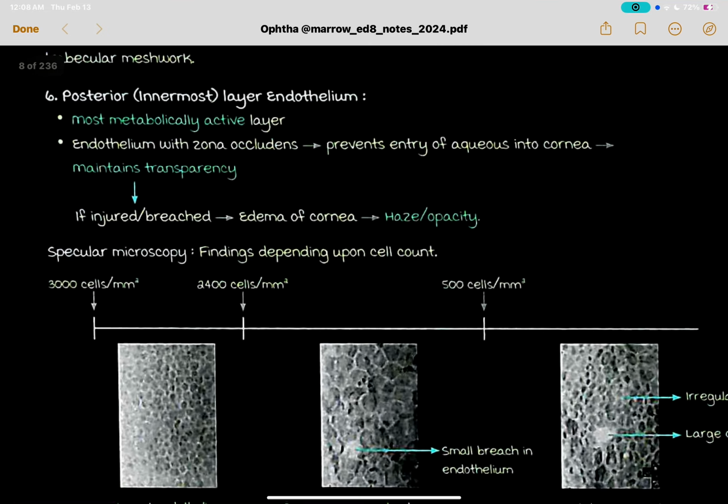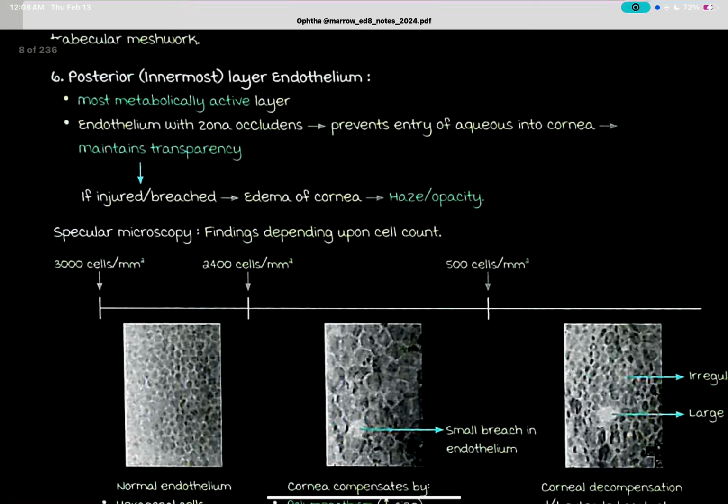Posterior innermost layer, endothelium, the most metabolically active layer. Endothelium with zona occludens prevents entry of aqueous into the cornea.